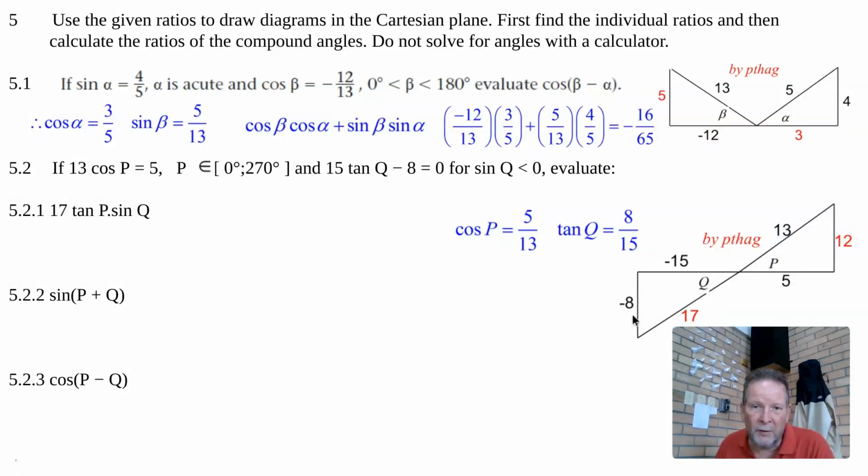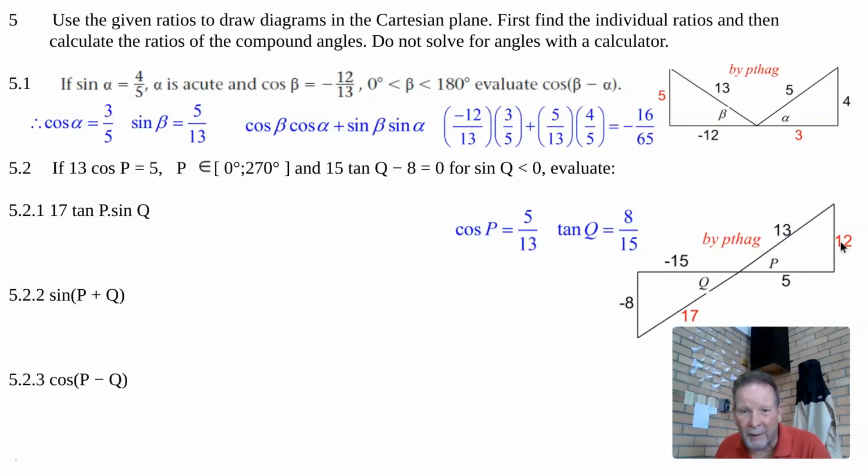We know the tangent is 8/15. Oh, what you'd have to do first, I should say, you've got to divide by 15. You've got to divide by 13 here. Add 8 and divide by 15, and then divide by 13. Where the angle P is, you're given that the cosine is 5/13.